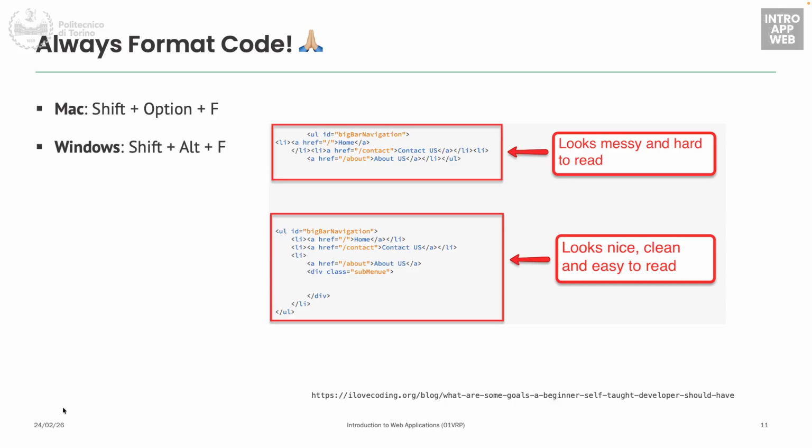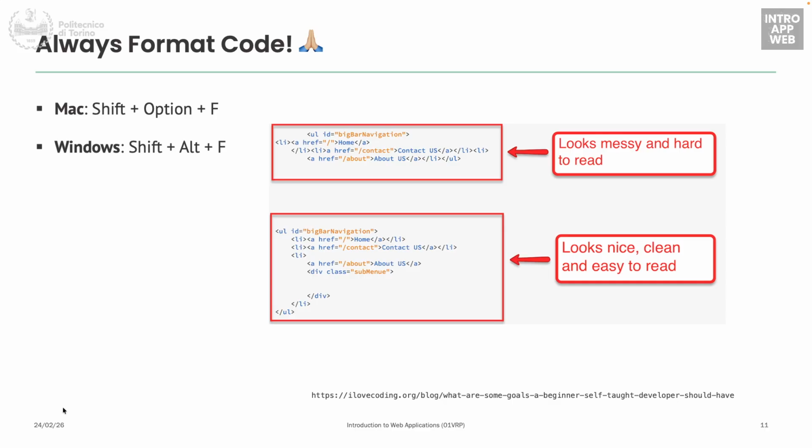But when it gets bigger and when it gets more components and the code starts to grow up, if the code is not formatted, it is a nightmare because you don't understand anything, or maybe you forget a tag and you don't know why the browser is not displaying the things as you are expecting it to display them.